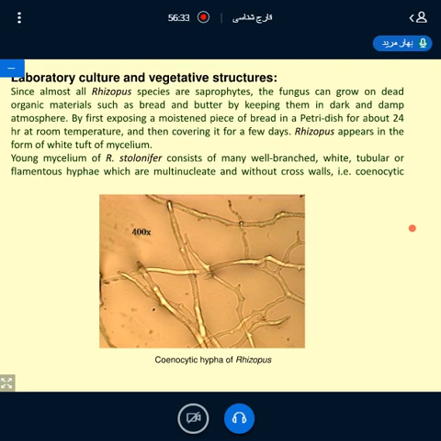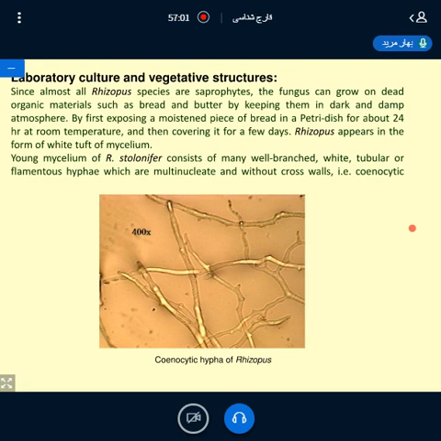By first exposing a moistened piece of bread in a petri dish for about 24 hours at room temperature, and then covering it for a few days, Rhizopus appears in the form of a tuft of mycelium.